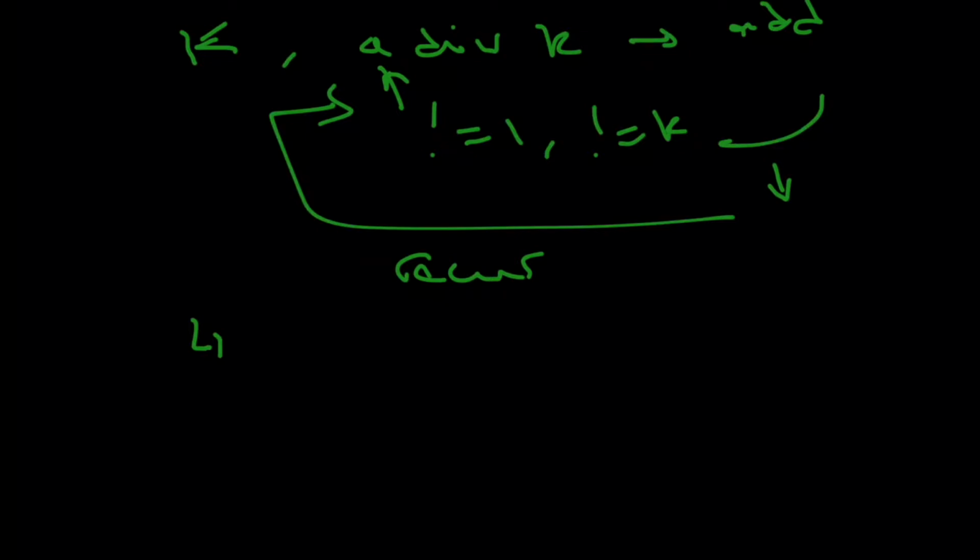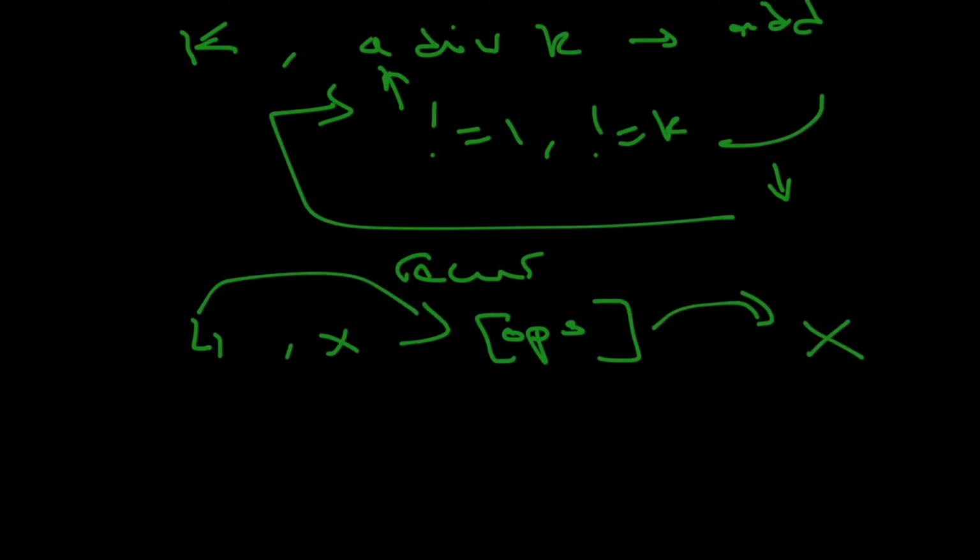So when we start from 4, given another number x, we can reach it by applying this list of operations to 4, and when we apply these, we get x. And our example here is x equal to 24.